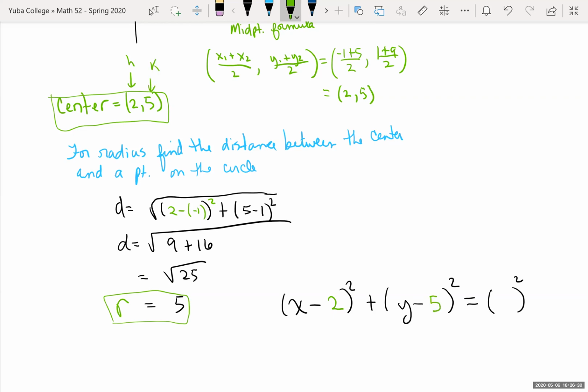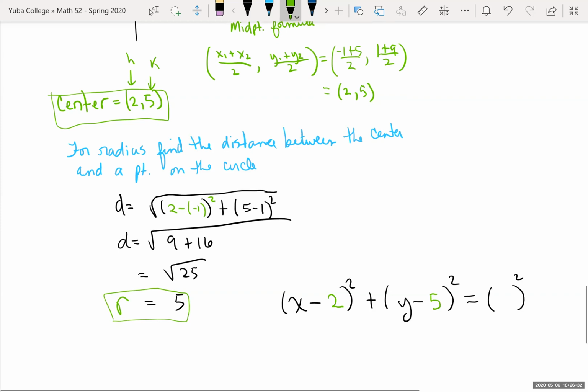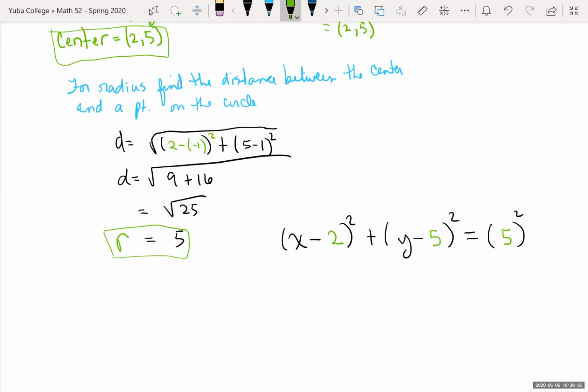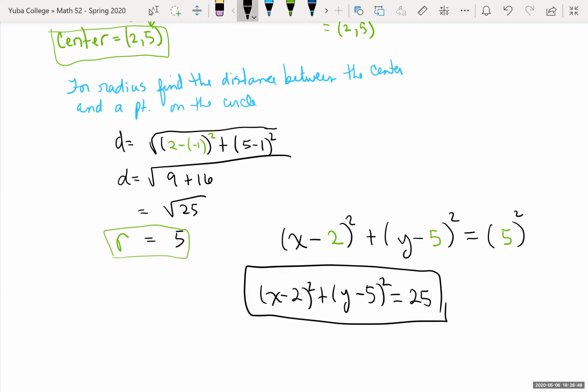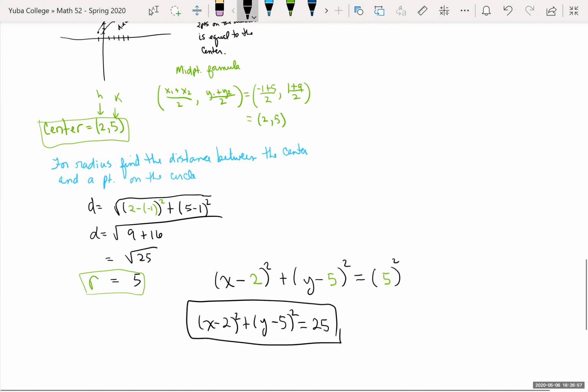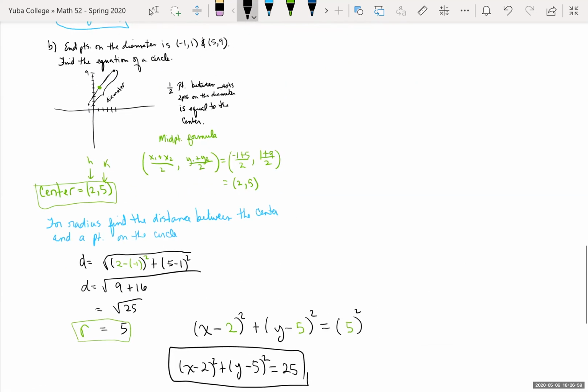So y minus 5 equals our r value, 5, squared. So (x minus 2) quantity squared plus (y minus 5) quantity squared equals 25. So we found the equation of the circle that has a diameter with endpoints (-1, 1) and (5, 9). It would have to be this equation.